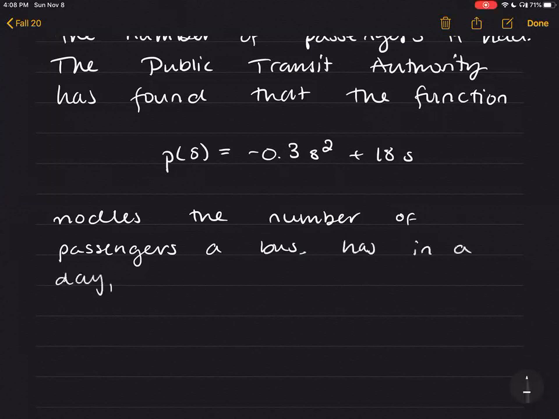And this is where s is the number of stops the bus makes along its route.